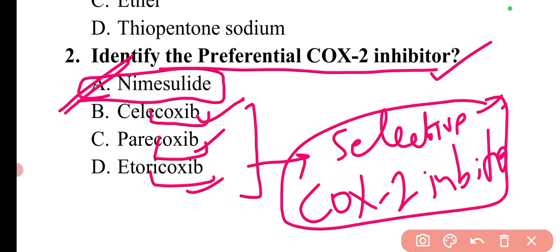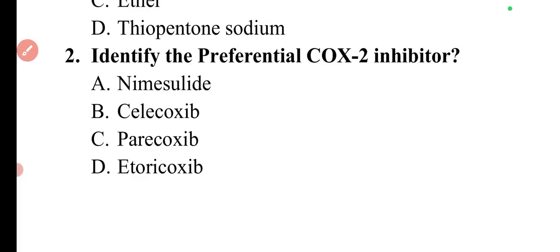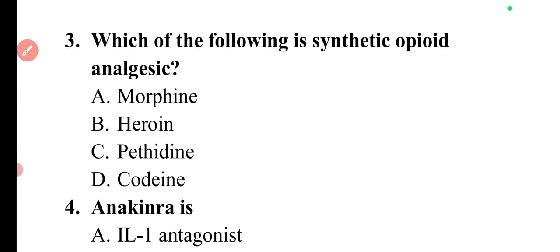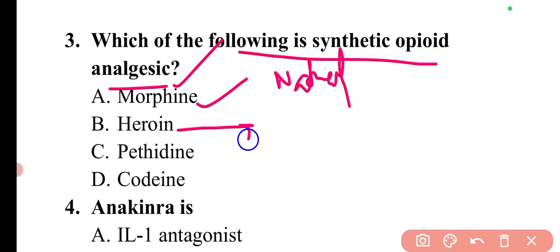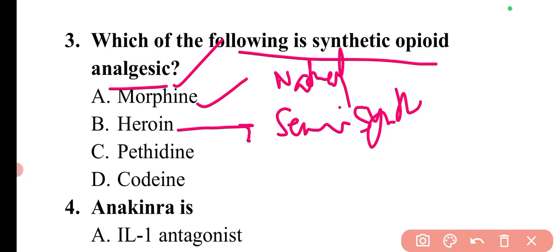Now we can move to the next question. Which of the following is a synthetic opioid analgesic? We need to identify the synthetic opioid analgesic. Here morphine is a natural opioid analgesic. Heroin is semi-synthetic.